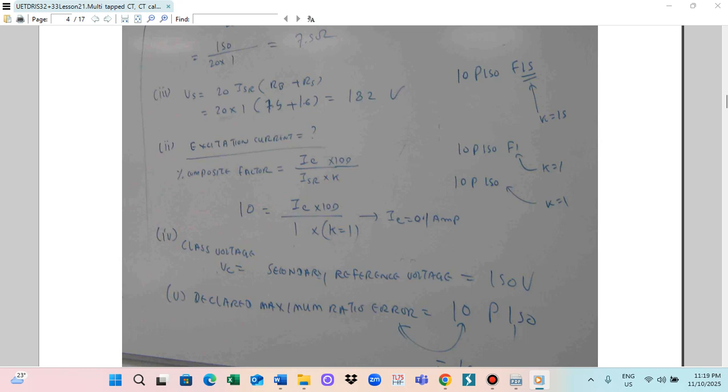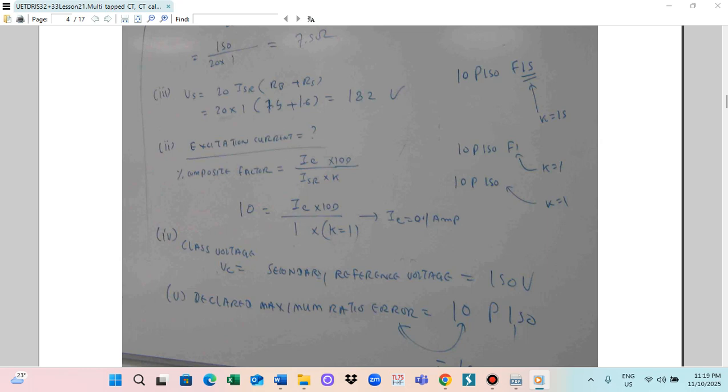To calculate the CT, the burden resistance RB we can calculate rated voltage by 20 times rated secondary current. Composite error is IE multiplied by 100 by IS into K. So in this case the composite error is here, 10P, 150, and 15. So 10 is the composite error. So 15 is the rated accuracy limit factor.